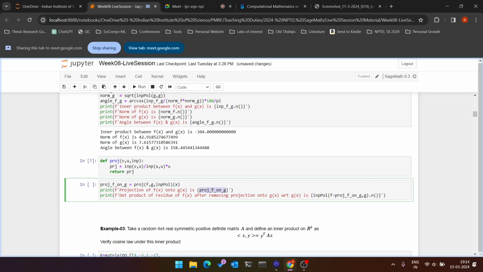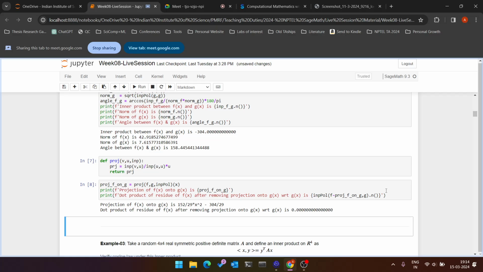Then, just to confirm if this is indeed the orthogonal projection of f on g, I am subtracting that projection from f and taking the inner product of the residue with respect to g. Since this is the orthogonal projection, I expect the inner product of the residue with respect to g to vanish.